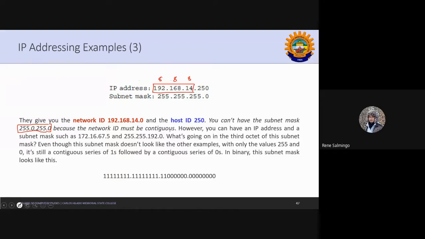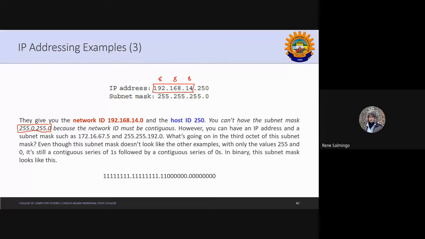But in some cases, you could have this subnet mask 172.16.67.5, and also you could have 255.255.192.0. And what's going on in the third octet in this subnet mask, even though this subnet mask doesn't look like the other examples, where we only have the values of 255 and 0?